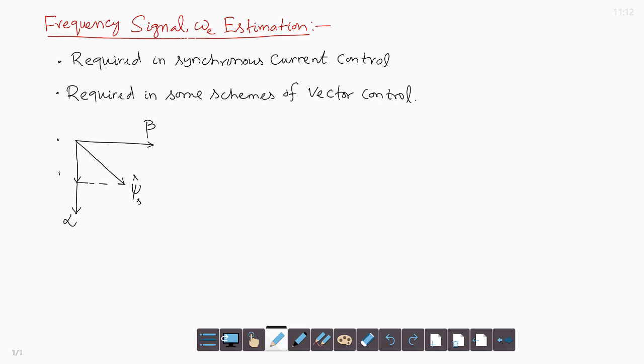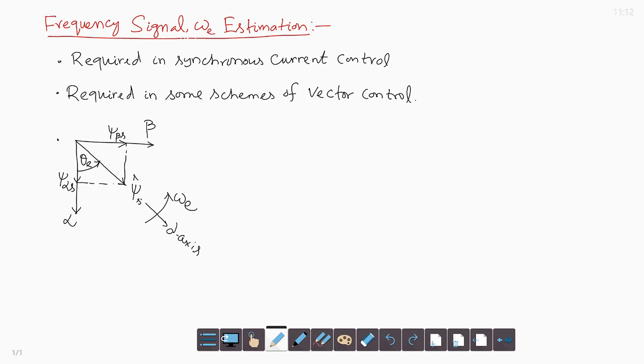This is psi alpha s along the alpha axis, and this is psi beta s along the beta axis, and psi s. This is the d axis, which is rotating at speed omega e, and this angle is theta e.